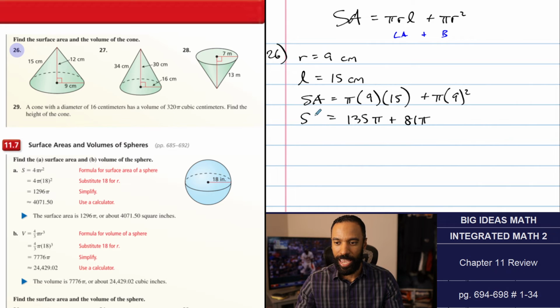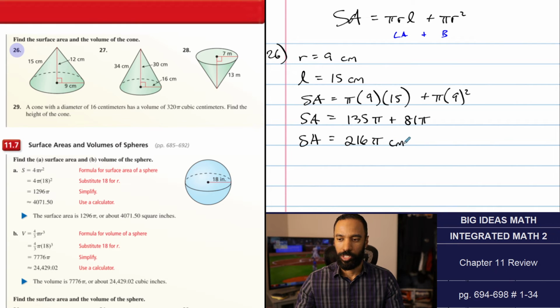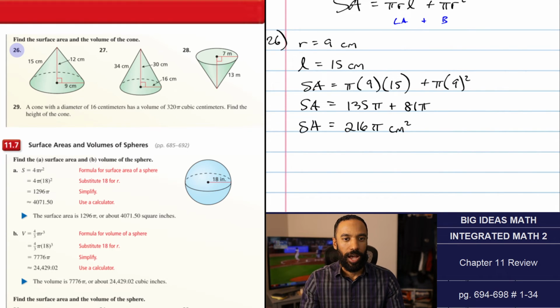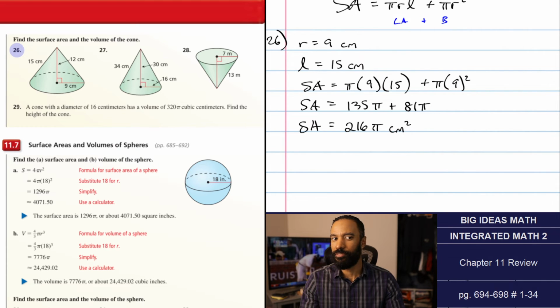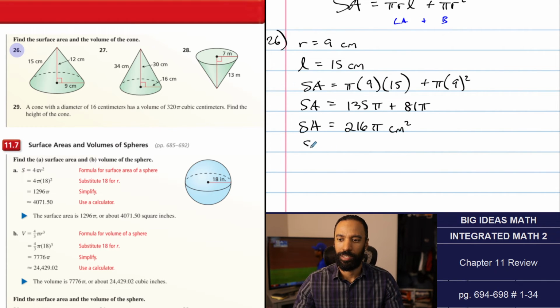So as an exact answer, we're getting 216 pi square centimeters. This is surface area. As an approximated answer, probably in the 675 range, I don't know, 216 pi, 678.58.